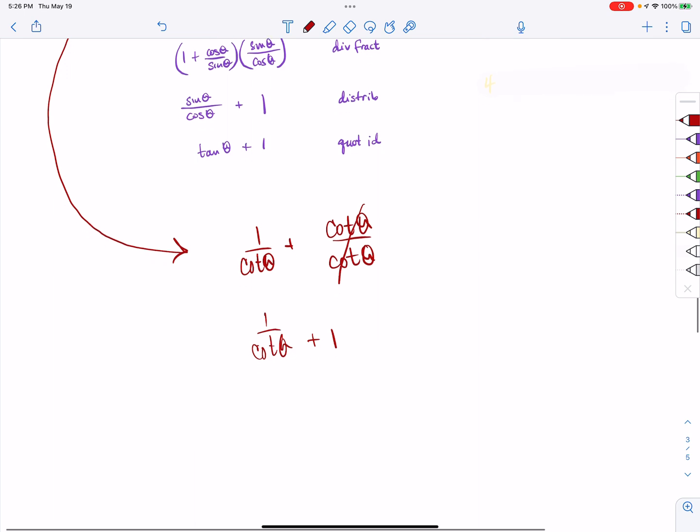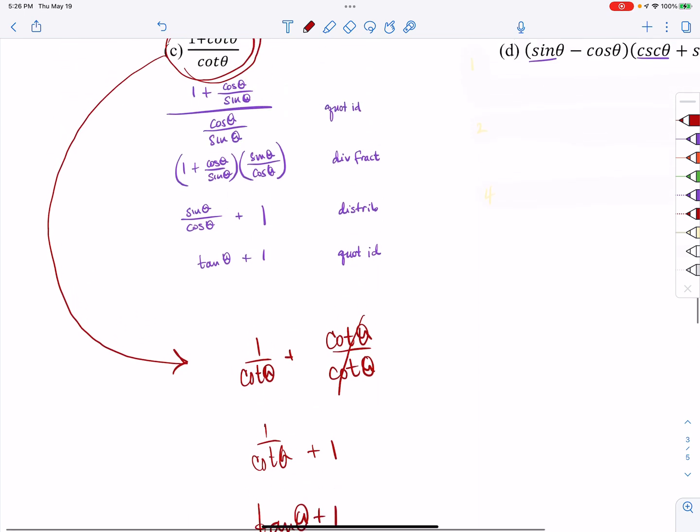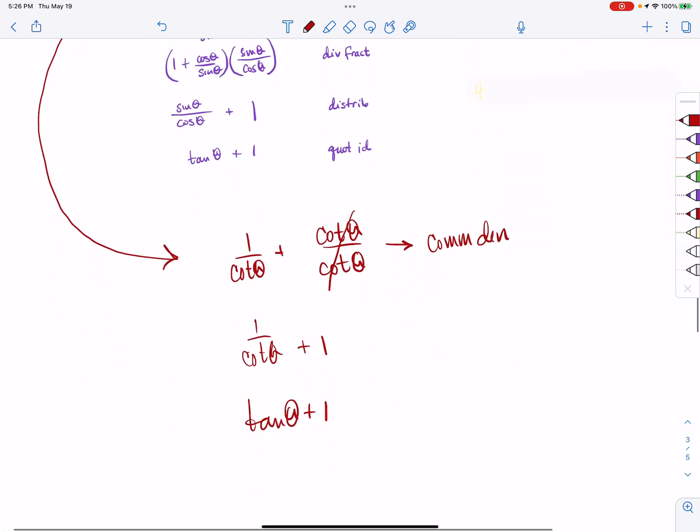And we know that 1 over cotangent is the same thing as tangent plus 1. So this first one then was simply using the concept of common denominators. And then I simplified. Oops. And then I used a reciprocal identity.